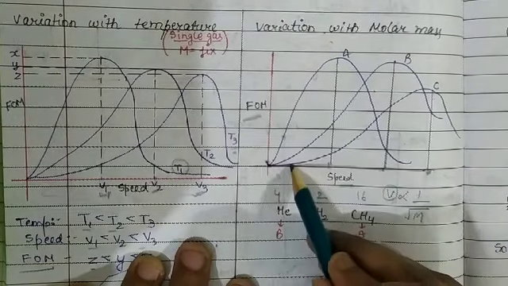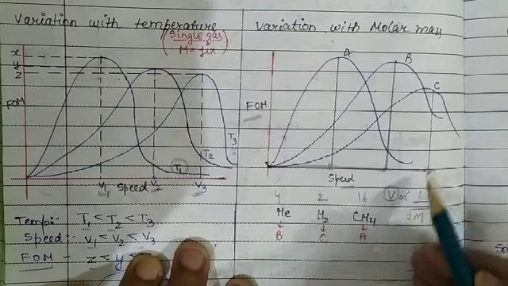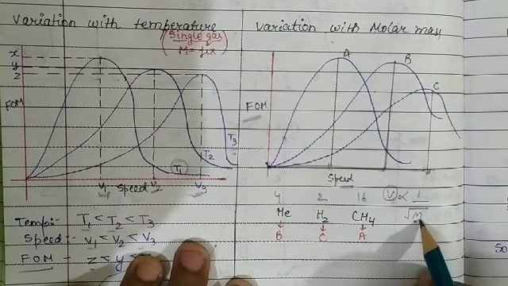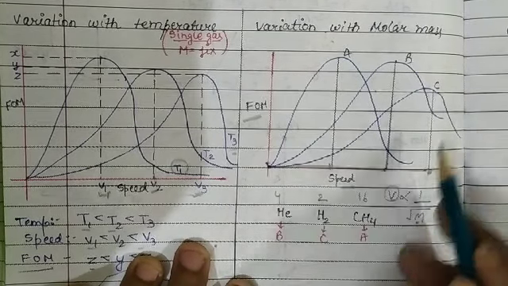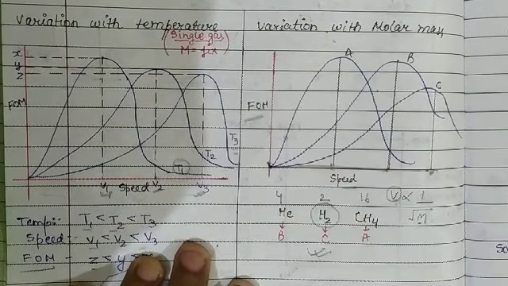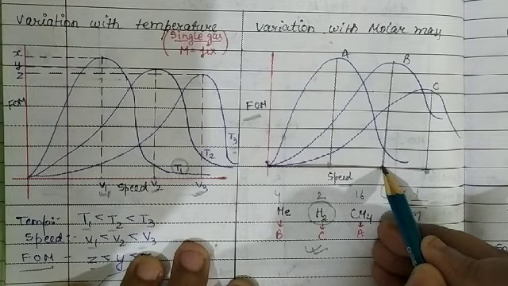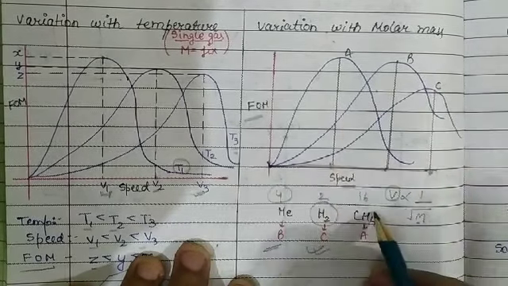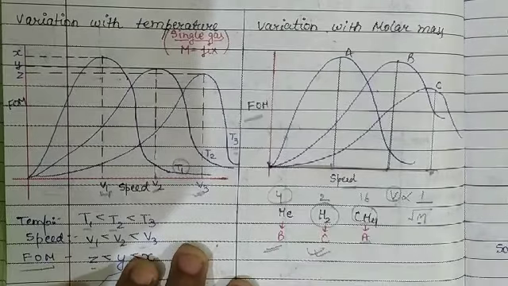Most probable speed is highest for C, and most probable speed is inversely proportional to molecular mass, so highest speed means low molecular mass. It means curve C is for hydrogen, curve B corresponds to helium, and curve A corresponds to CH4.